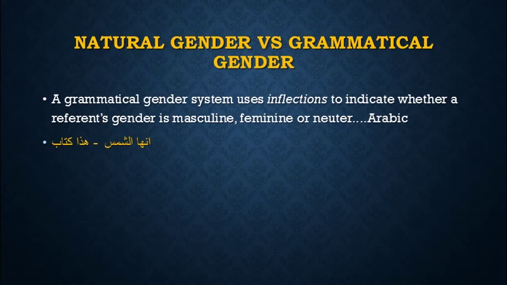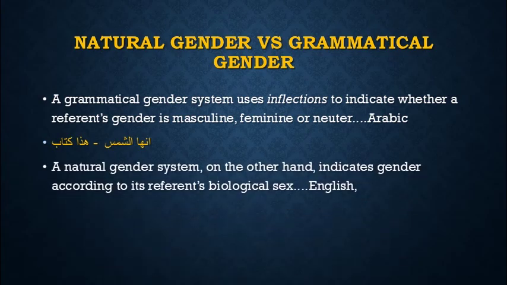طبيبة. The word kitab here, is it masculine or feminine? It is masculine, though in English it would be neuter. The word book is neuter because it is an inanimate object, جماد, right? So it is really it. It is neither he nor she, it is it.